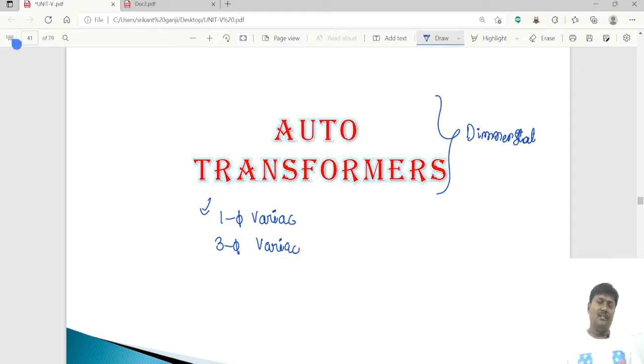As we have seen, while conducting open circuit test, short circuit test and Sumpner test on a single phase transformer, we are applying a variable AC voltage.